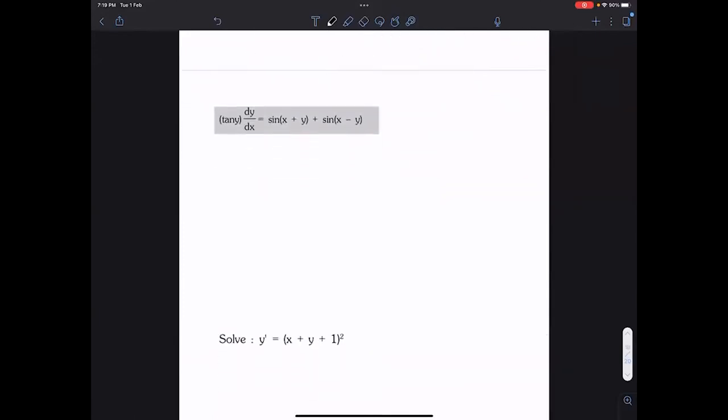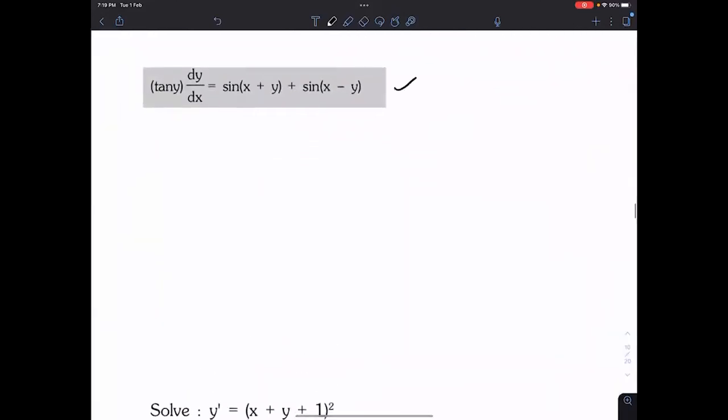For example, here this question if I see. As soon as you look at it, it doesn't look like variable separables, but you need to use sin c plus sin d formula. What is sin c plus sin d? It is 2 sin c plus d by 2 into cos c minus d by 2.